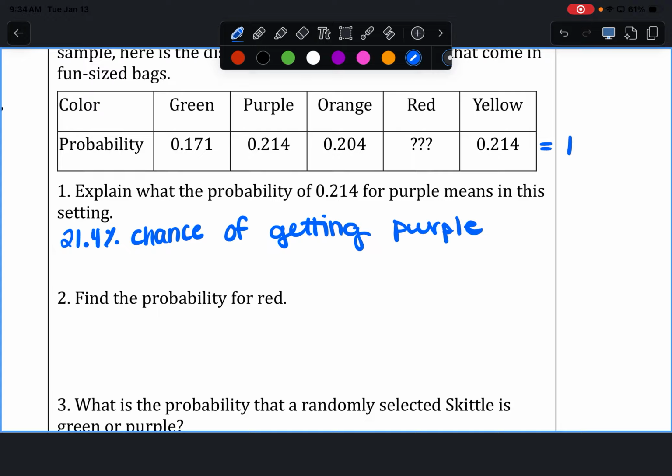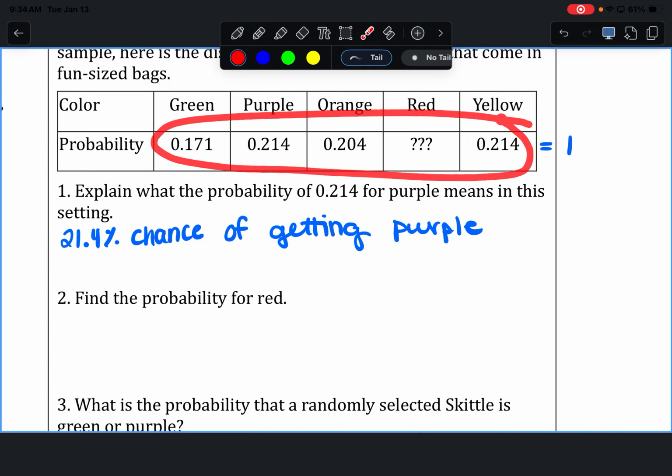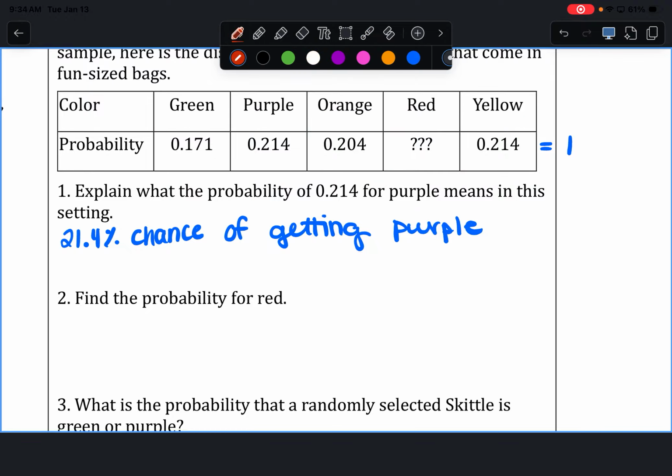Now, it says find the probability for red. So if all of these together add up to 1, how would I find what just the red is? It's all going to equal 1. So whenever we are finding the probability of an event, we can do 1 minus the probability that it is not red.